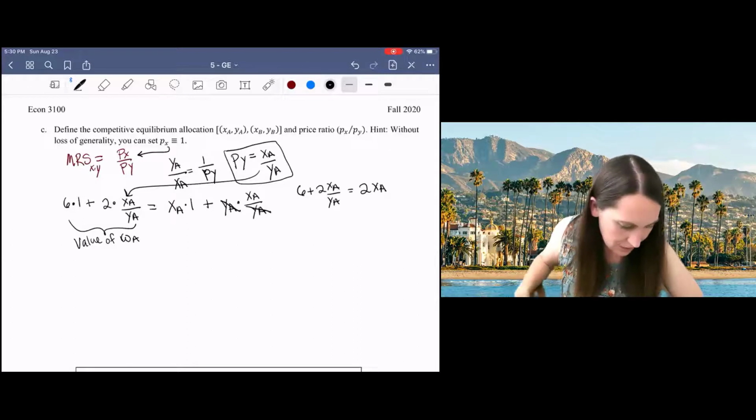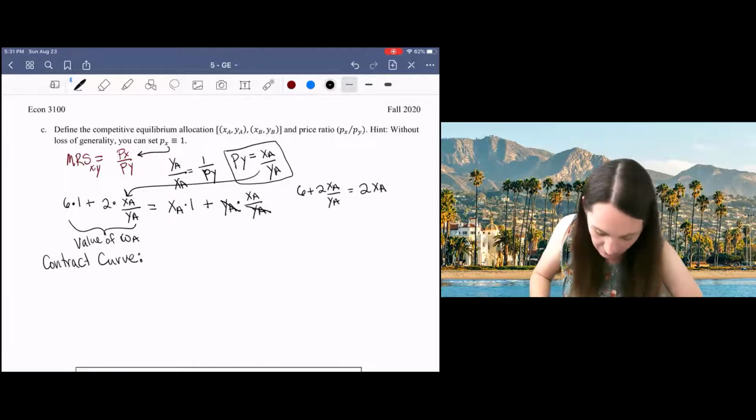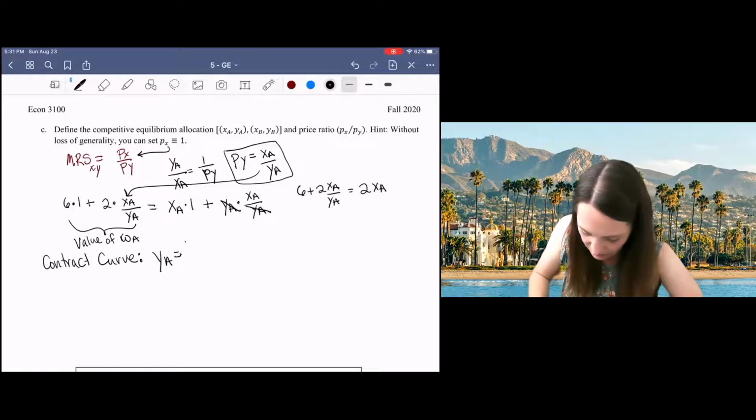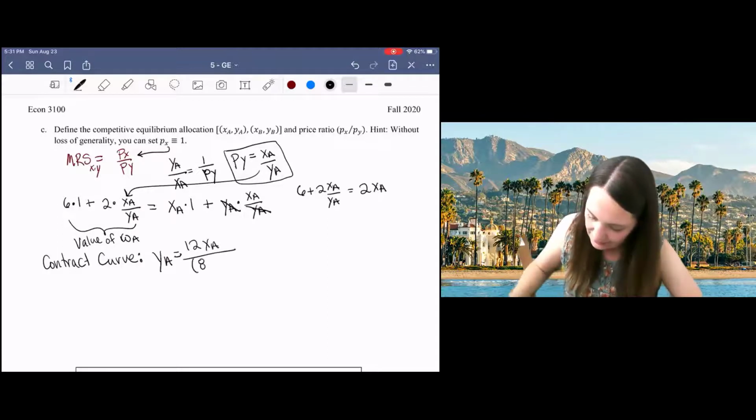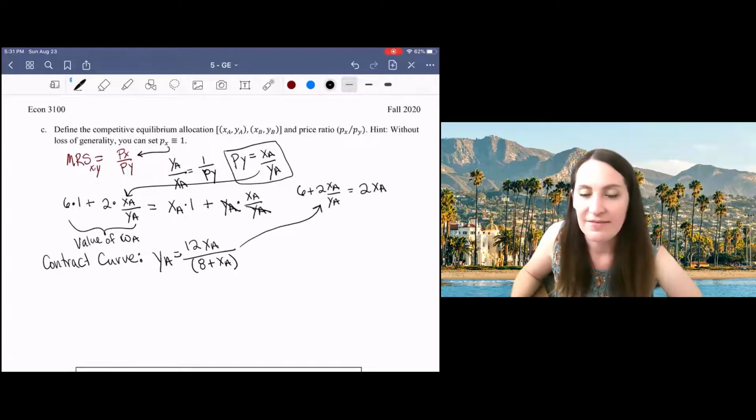Recall that our contract curve was YA equals 12XA over 8 plus XA. You can see now how this is helpful because if I plug that into my simplified budget constraint, I now have a function of only XA that I can solve for our competitive equilibrium value.